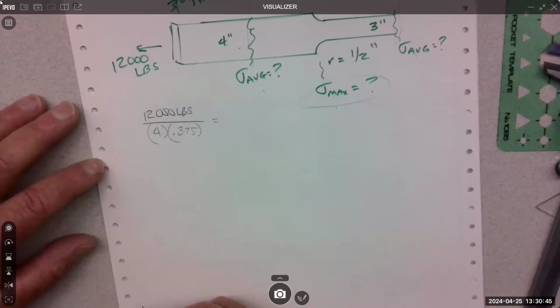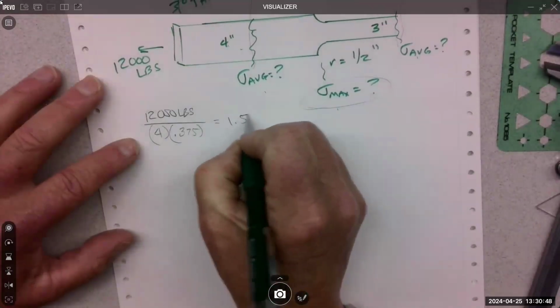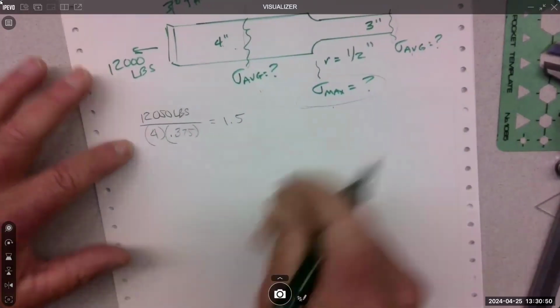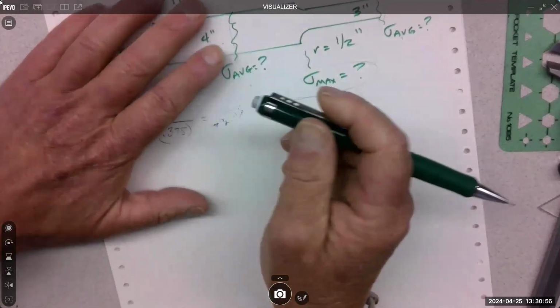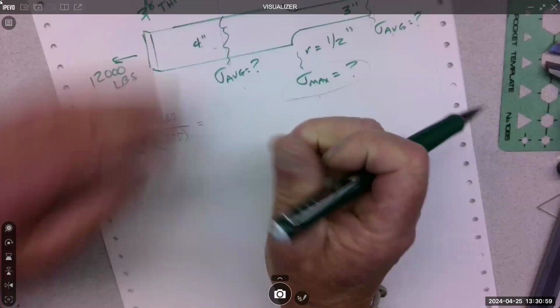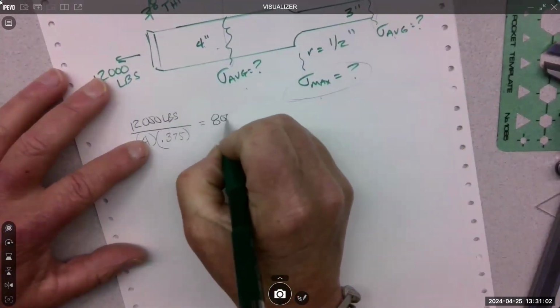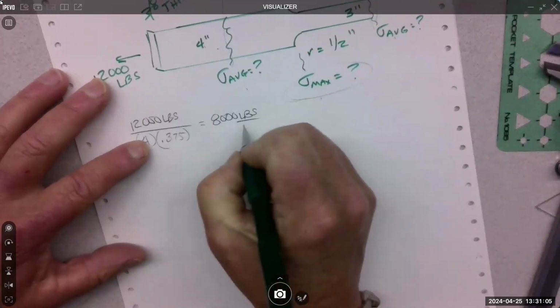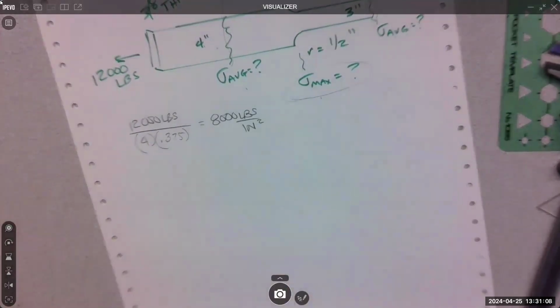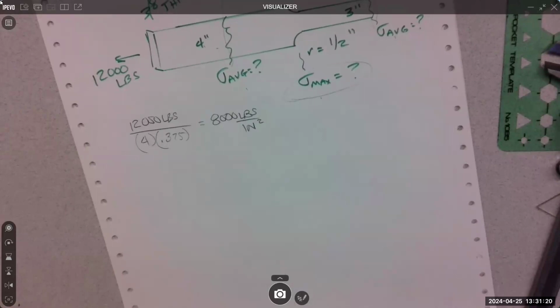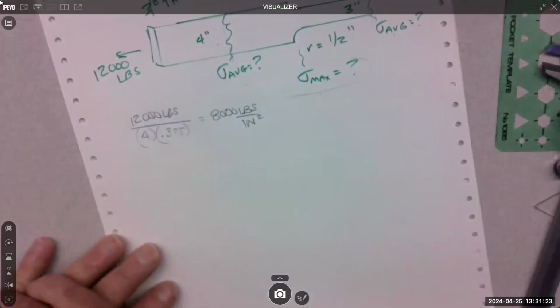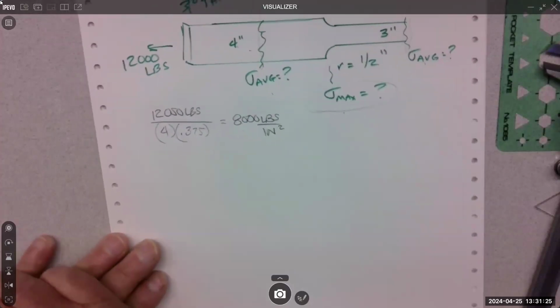It's 8,000. 8,000 PSI, pounds per inch squared. Did they give us an allowable for this? They did not, but they said it's steel, and we know steel is 36,000 for the yield. So this average stress, 8,000 PSI, is clearly no problem.